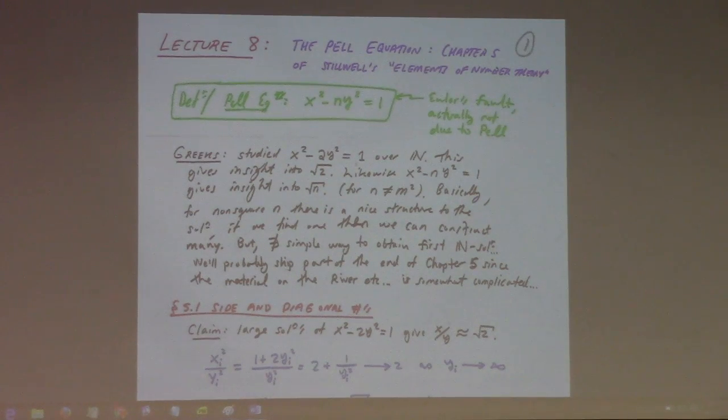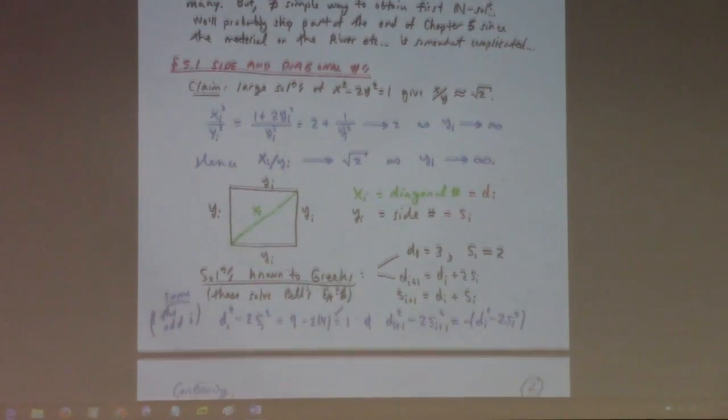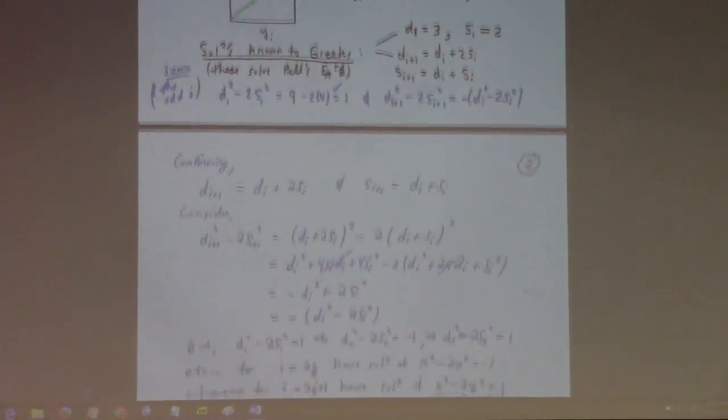If you have a solution to Pell's equation, what else do you get? Oh, the side and diagonal numbers, forget about those.